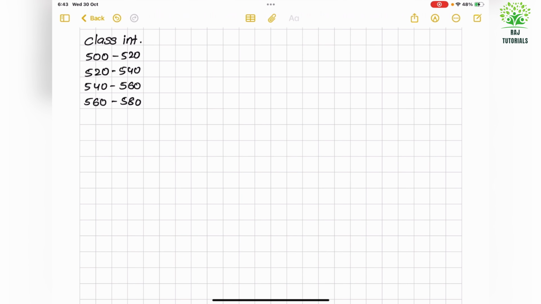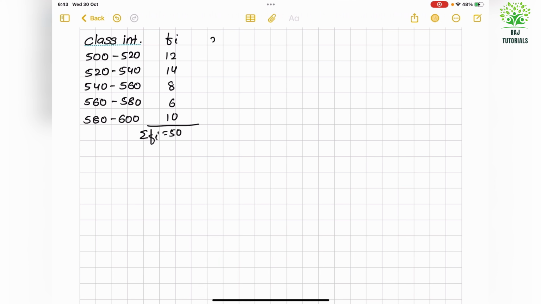Now to solve this sum I will be using the step deviation method, and let us write down all the information which we know. Class interval, so 580 to 600 it is given, then fi is 12, 14, 8, 6 and 10, and total it will be sigma fi, that will be 50.